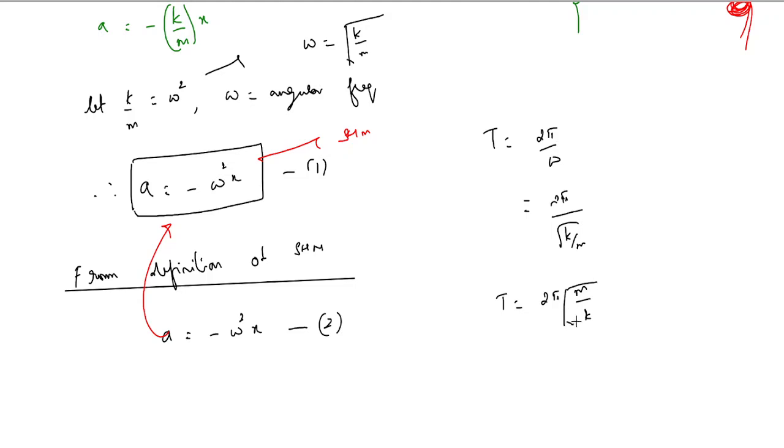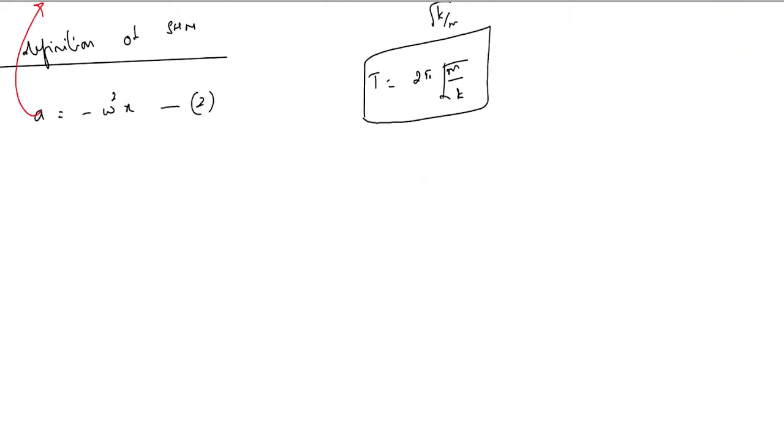So this is the expression for the time period of a spring mass system. In terms of frequency, we know that frequency is equal to 1 by time period. So it will be 1 by 2 pi under root of k by m. So this is the expression for frequency of a spring mass system.